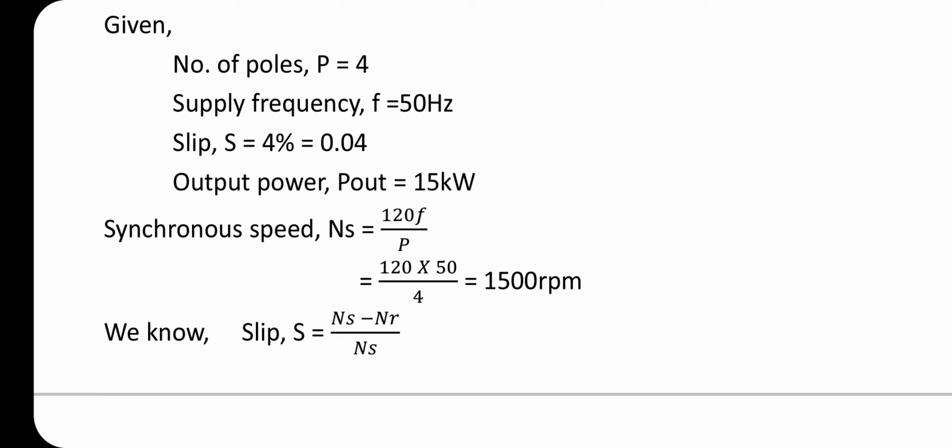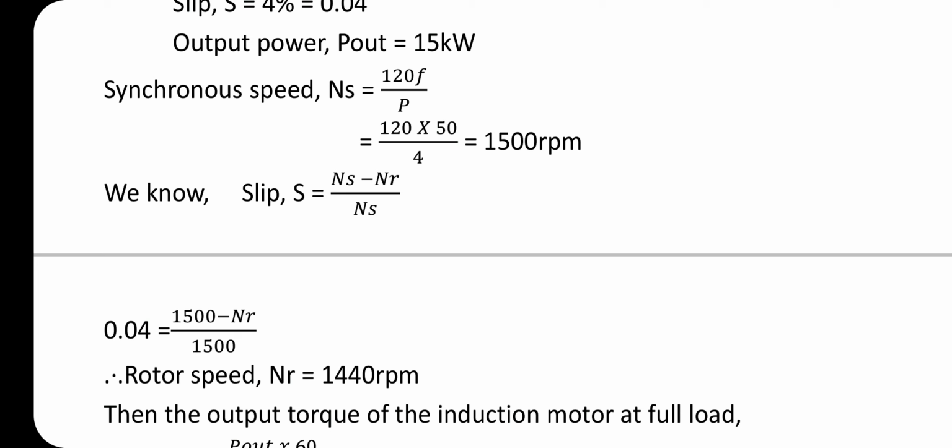Synchronous speed Ns equal to 120 F by P. Substituting the values of F and P, we get synchronous speed equal to 1500 rpm. We know slip S equal to Ns minus Nr divided by Ns. We know the value of slip and Ns. From there we can get the rotor speed Nr equal to 1440 rpm.